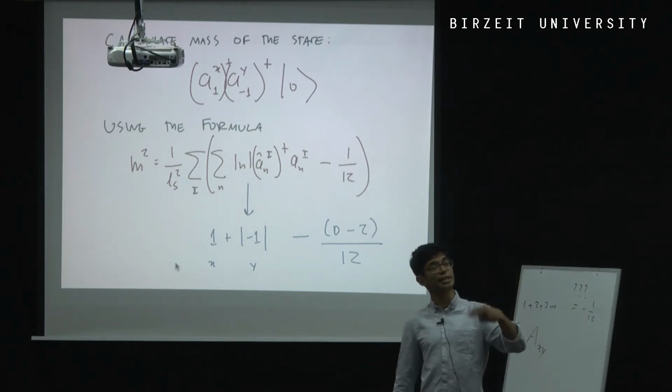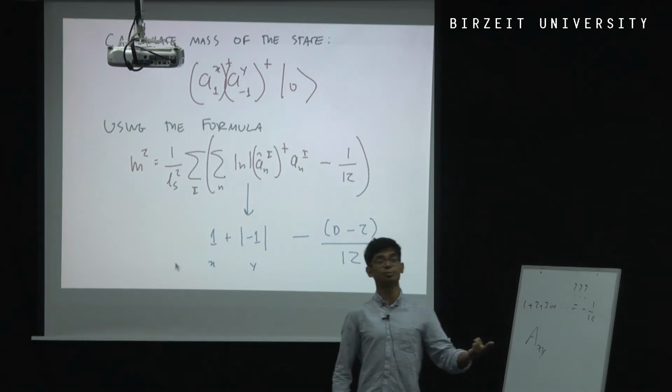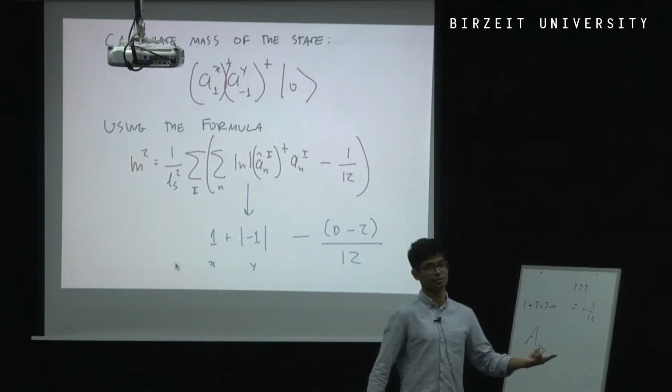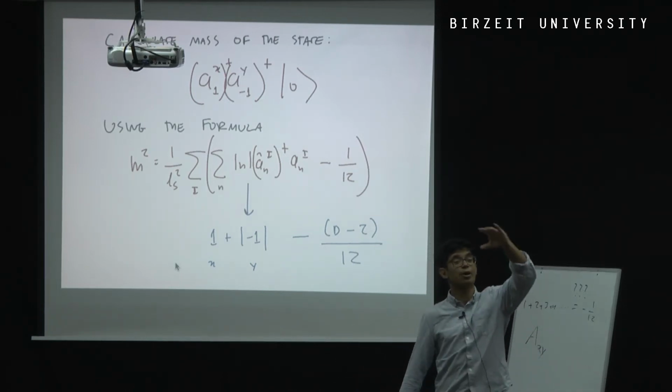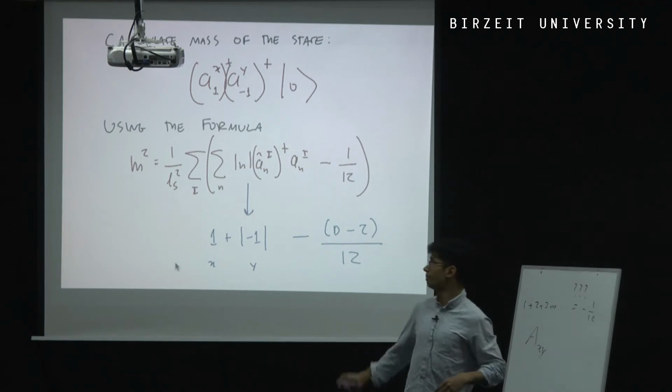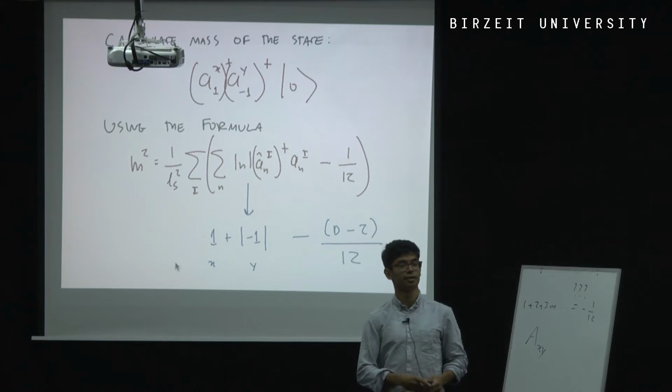The string length is really, really, really small. That mass is really, really, really, really big. And you can probably ignore that for most things. Okay? So that's why I didn't think about it. But it exists. There's an infinite tower of particles going up to infinity with masses that are spaced in this way. Okay?